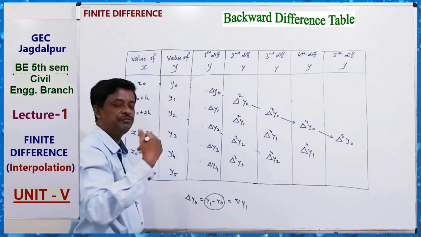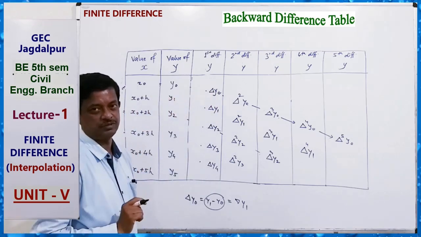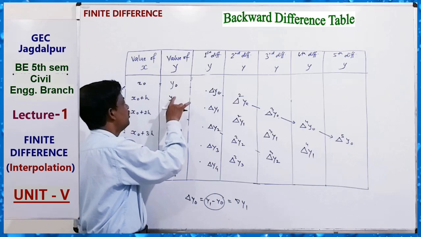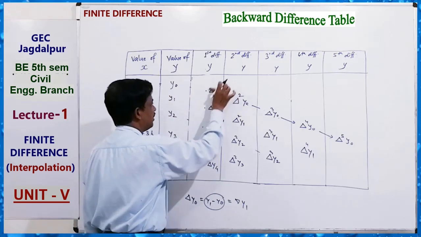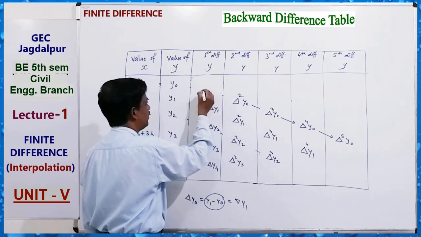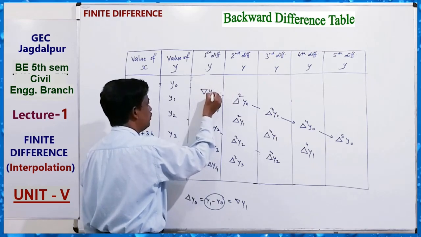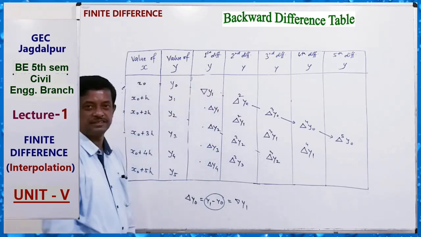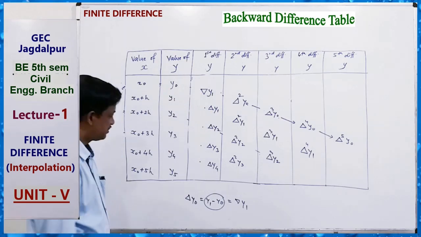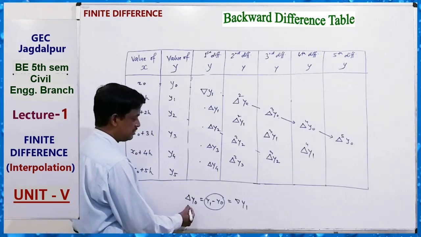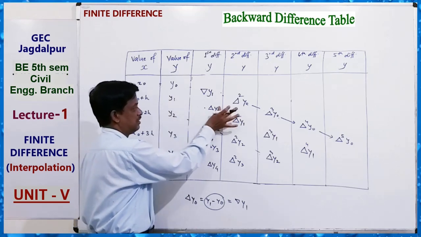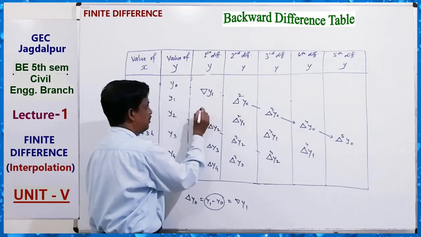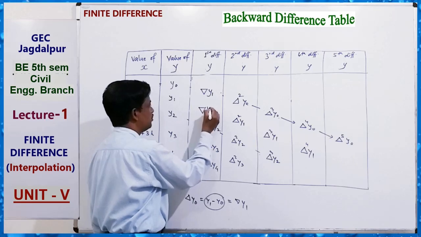But if we use backward difference notation, then y1 minus y0 means backward del y1. The index will be changed. Same, y2 minus y1 means backward difference y2.